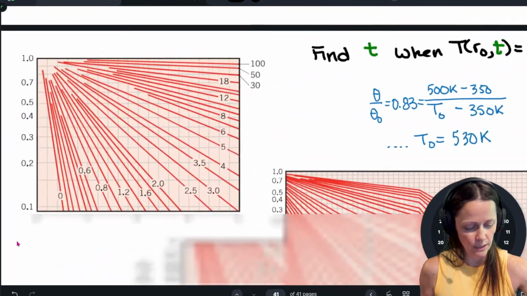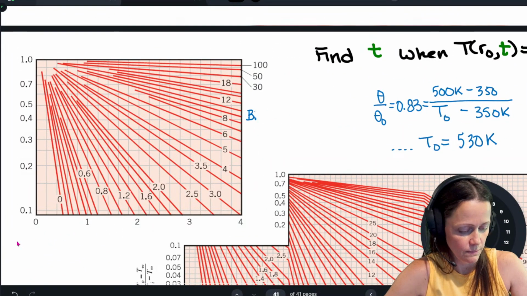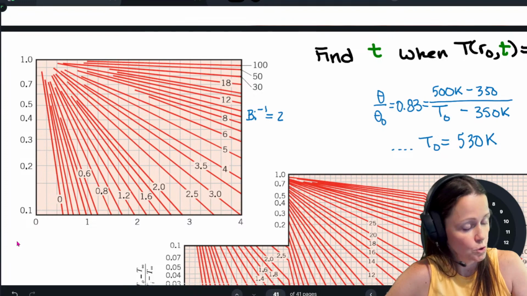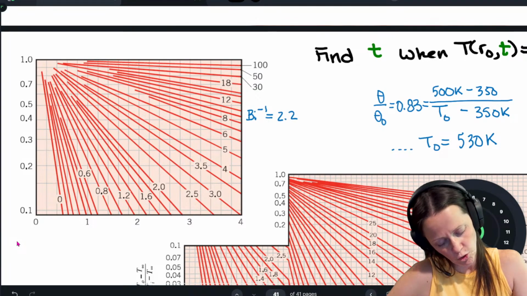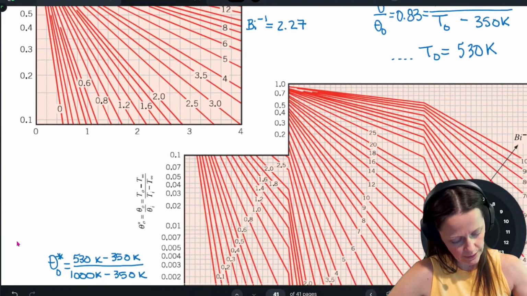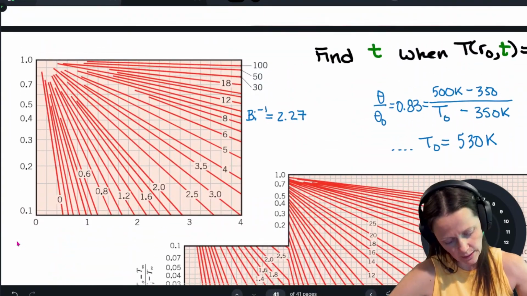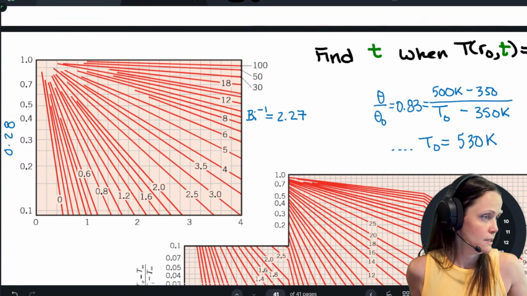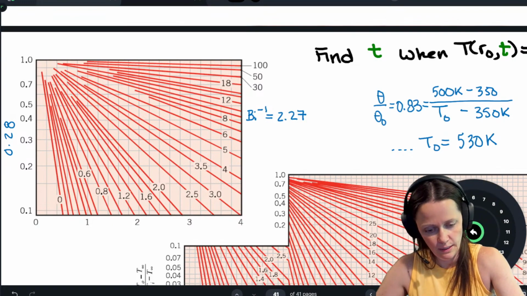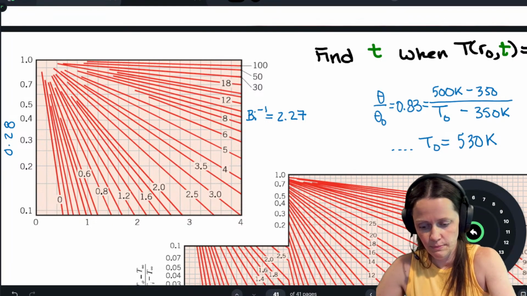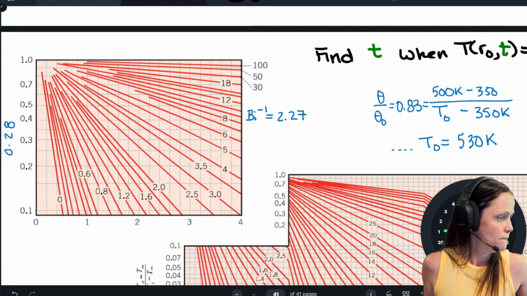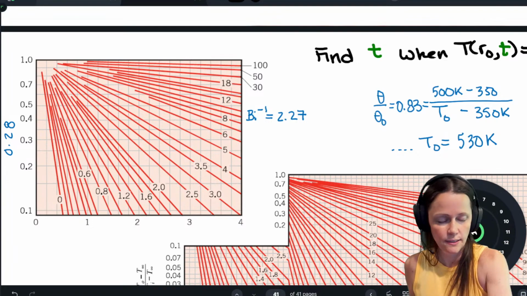So 0.28, and my inverse Biot number was 2.27.